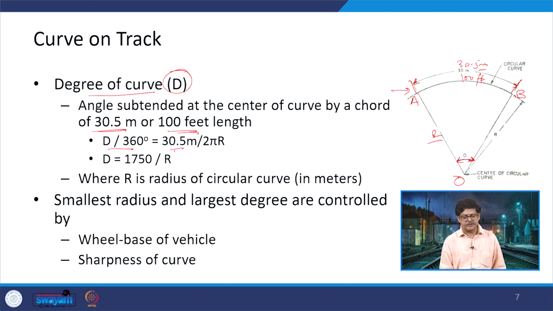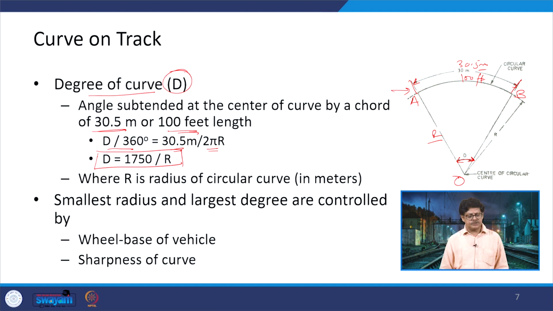The length of the arc is 30.5 meters, R is the radius, so the perimeter is 2 pi R. From this property, we get the formula that D is nothing but 1750 divided by R. So, if the radius is given to you, we can calculate the degree of the curve, and vice versa. If the degree of the curve is given to us, then we can calculate the radius.